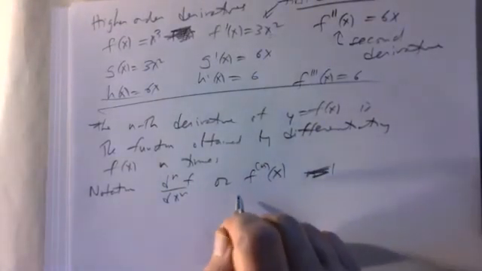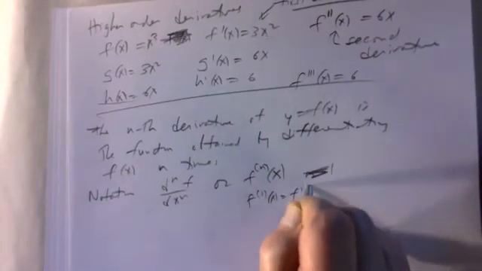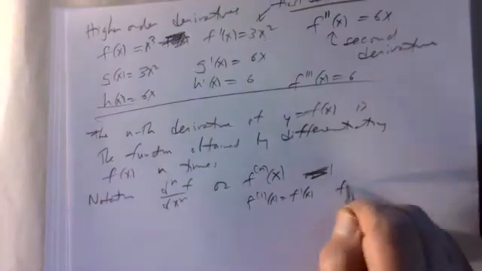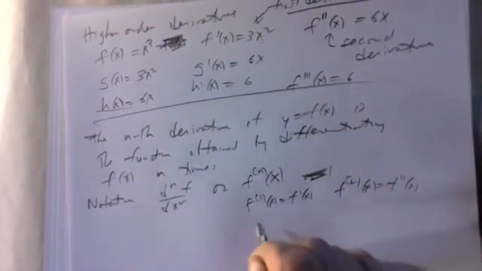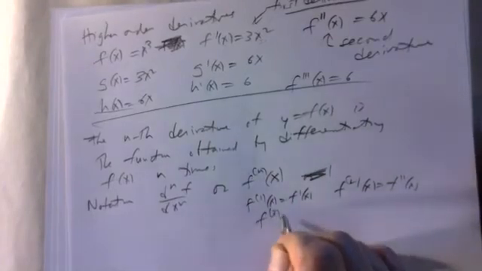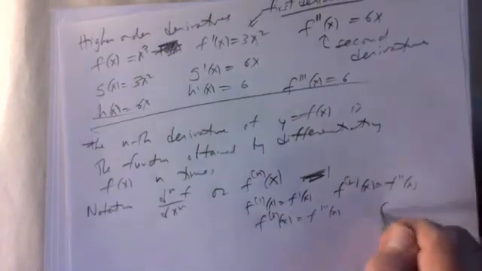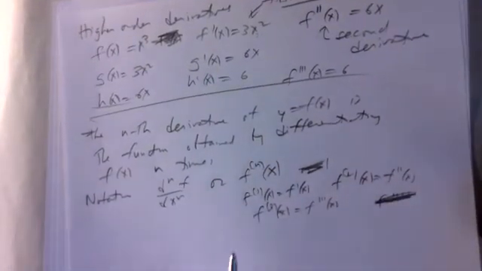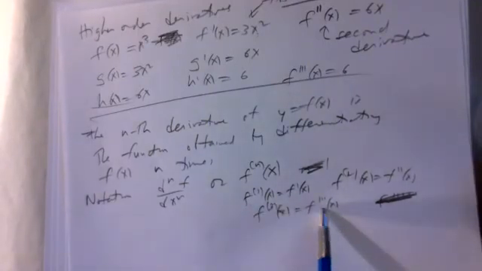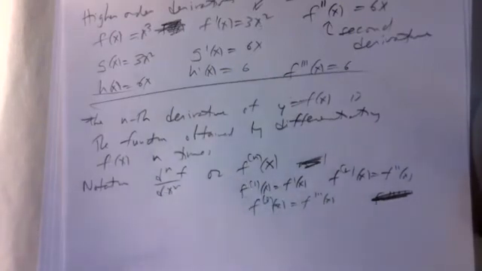For small numbers, the first derivative f'(x), second derivative f double prime, third derivative f triple prime, but you don't want to keep doing that, or you'd end up with a million primes. It doesn't make any sense. So for the first, second, or third derivatives, you can use this prime notation, but for higher derivatives, we would use this or this.